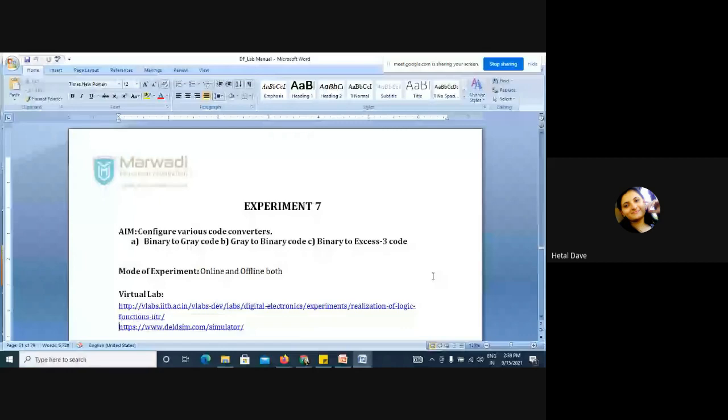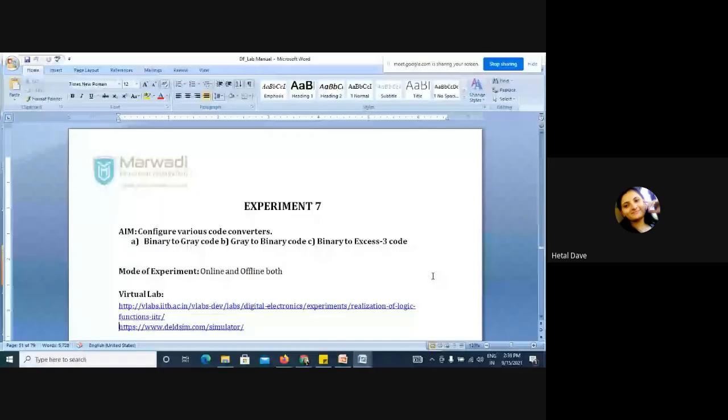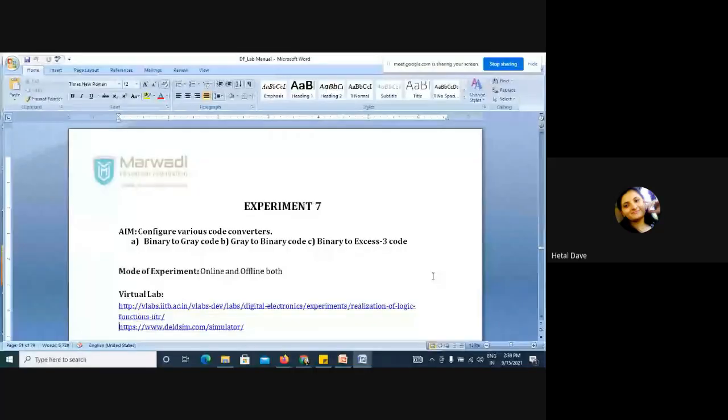Once it is prepared, collect your IC. Which IC will you require? 74138. This is a ready-made IC where you just need to give input and take the output.